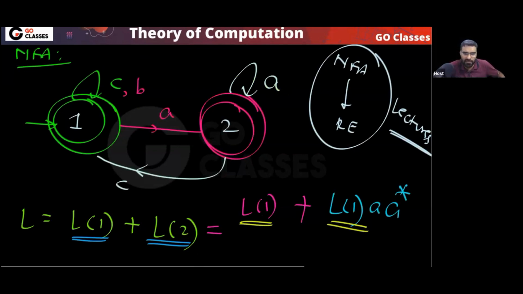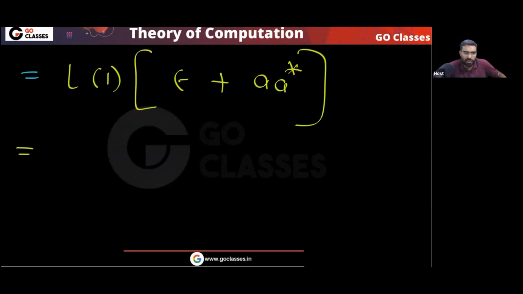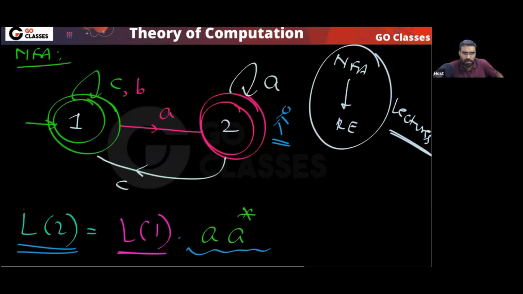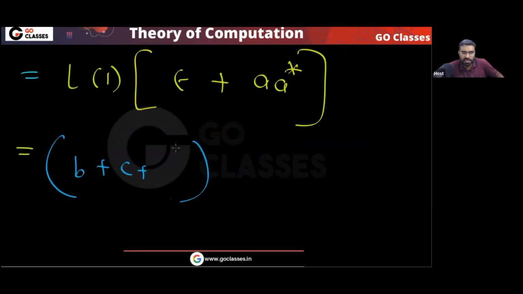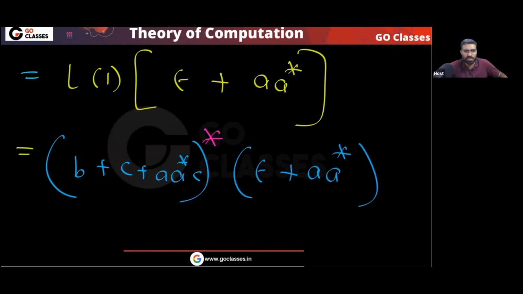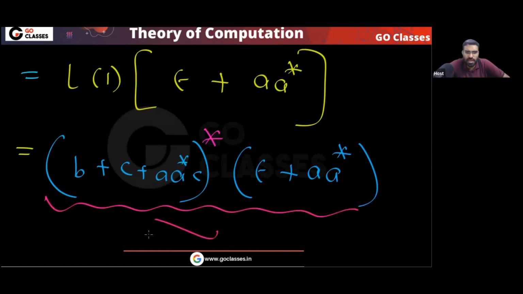L1 we already know: (B or C or A star C) whole star. And then at the end, either you can put epsilon or you can put A star. So this is your regular expression for this language. Please tell me, did you understand?